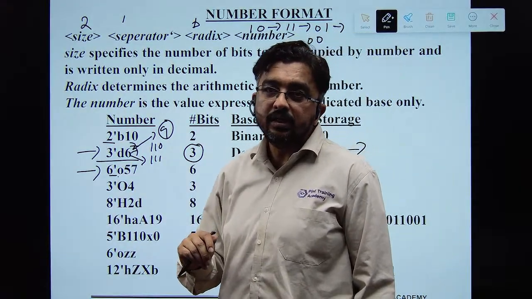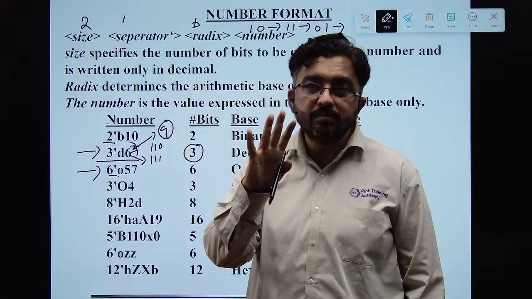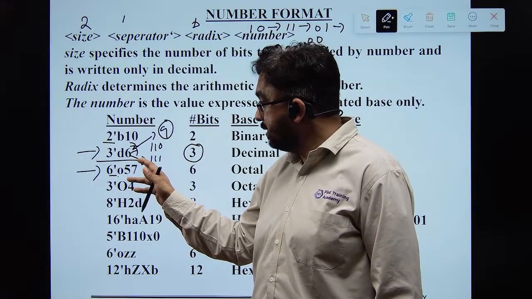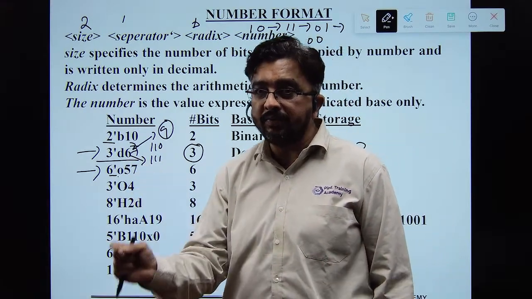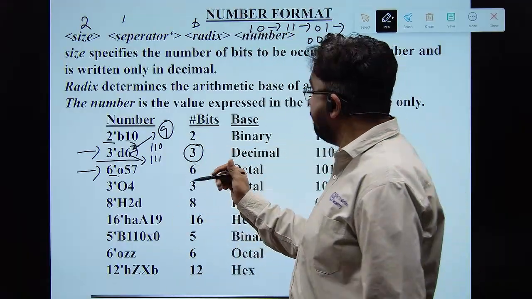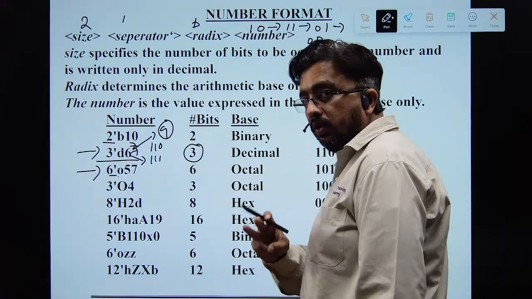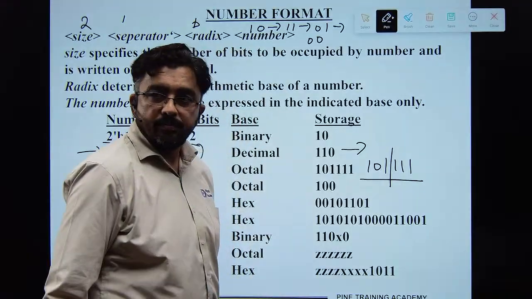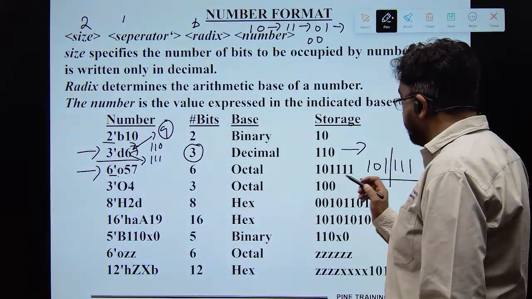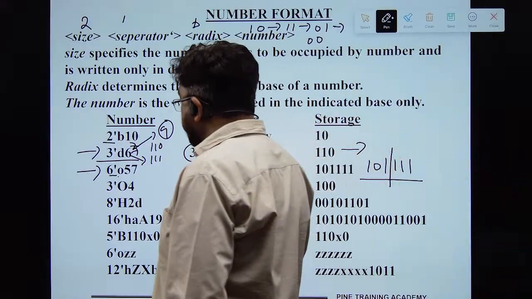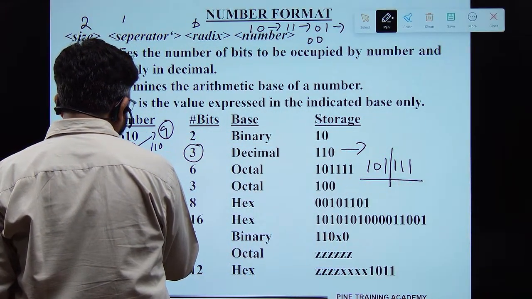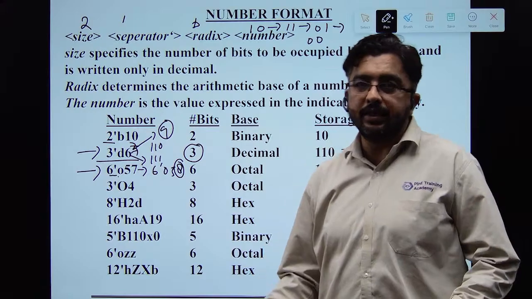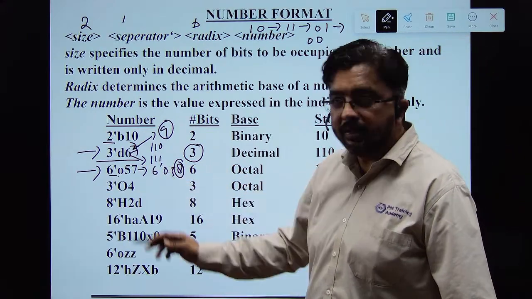We have to represent the digits 5 and 7 separately, not as 57. 5 we write as 101, in a size of 3, and 7 as 111, total 6. If by mistake we use an 8 here, for example 6'o58, then definitely this is going to give a warning or error, because 8 doesn't come under octal.